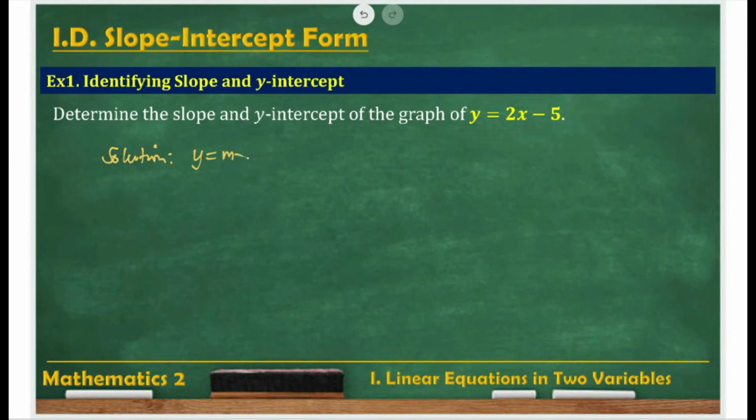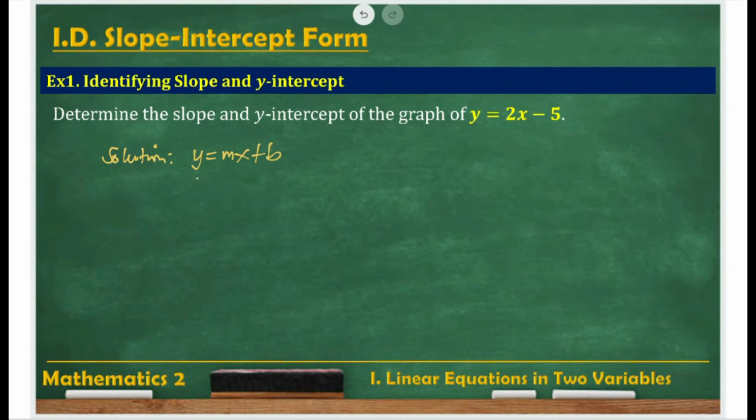So we all know that the slope-intercept form of the line is y equals mx plus b. And by observation, we can see that the given equation y equals 2x minus 5 is written in slope-intercept form. So meaning to say, we can easily identify the value of the slope from the given equation and also the y-intercept of that equation.